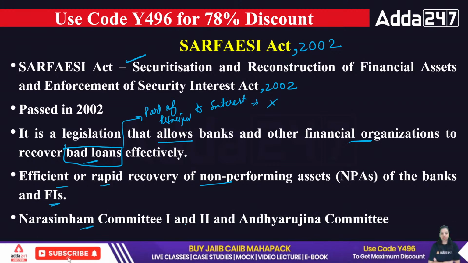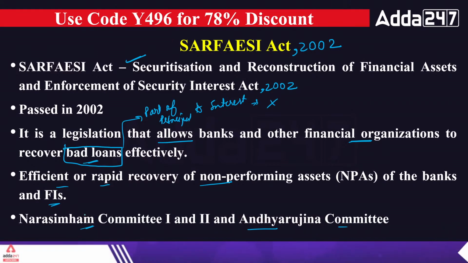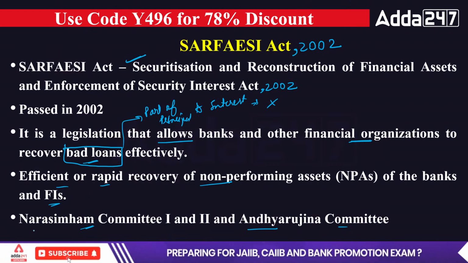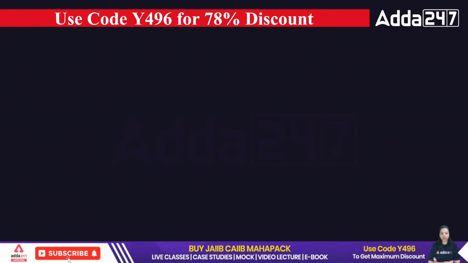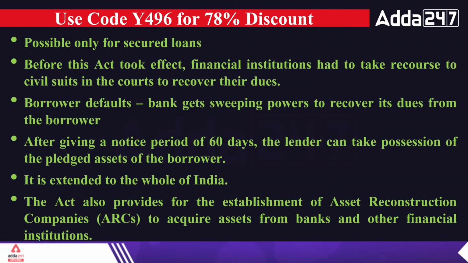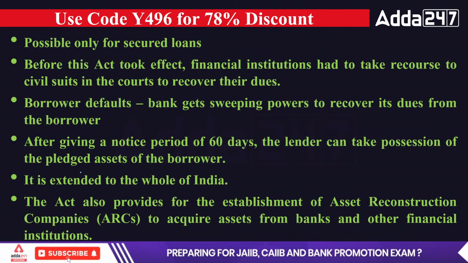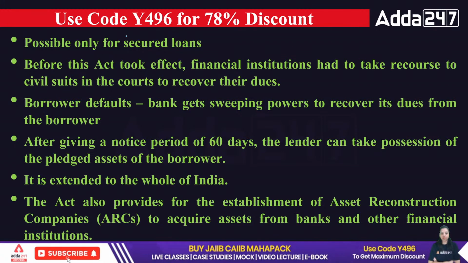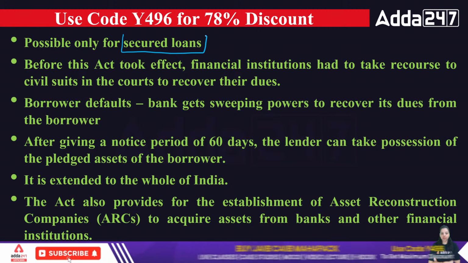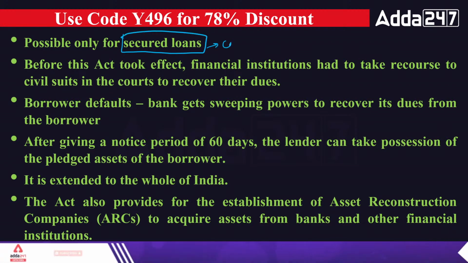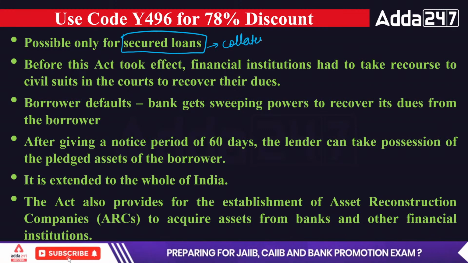The Narasimham Committee 1 and 2 and the Andhyarujina Committee are the committees which introduced the SARFAESI Act and told us what functions it is going to perform. Apart from that, there are certain important things regarding where the Act will be applicable and where it will not. It is only possible for secured loans. Secured loans means loans where you have taken collateral from the customer.